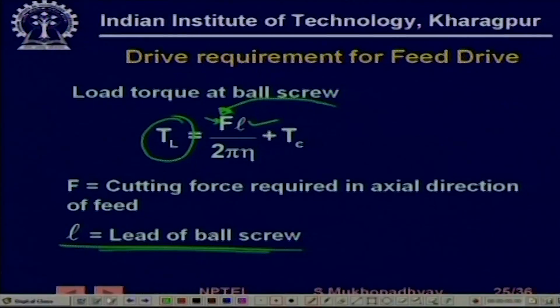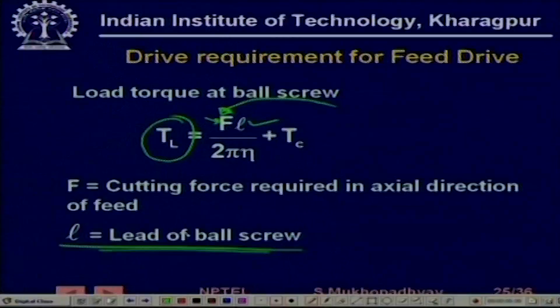So, how is this achieved? It is achieved by something like energy conservation. The torque into one rotation of the screw is going to be the force into the pitch, because by one rotation of the screw the linear motion created is one pitch unit.